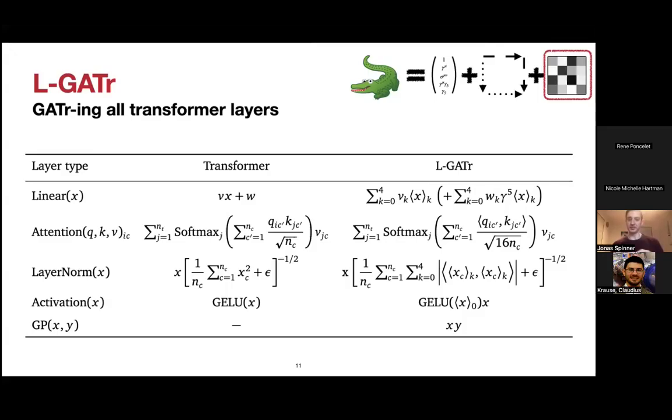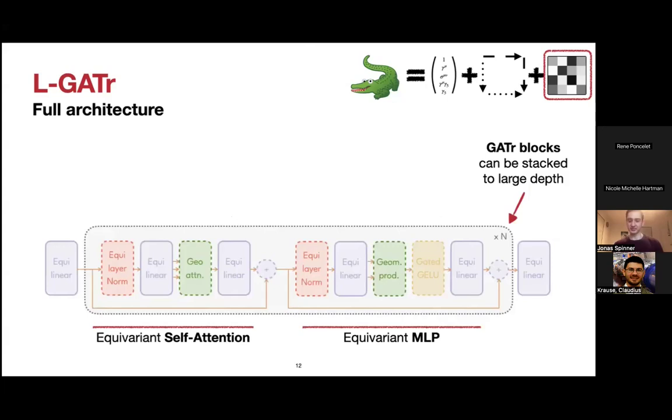Okay, so that was the formal part. Now, in real simple terms, this is how we put together all the operations that we had on the last slide to get our full L-GATr architecture. If you've seen a normal transformer architecture before, this is super similar.